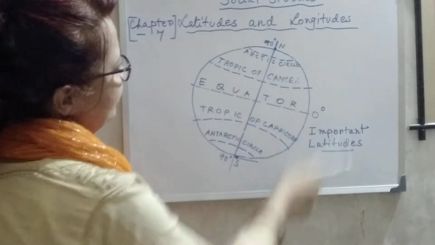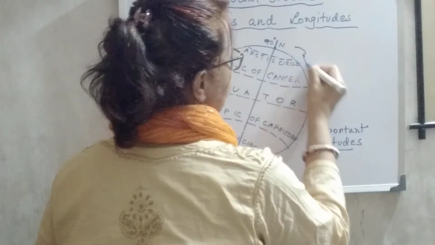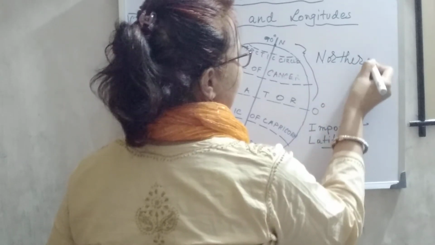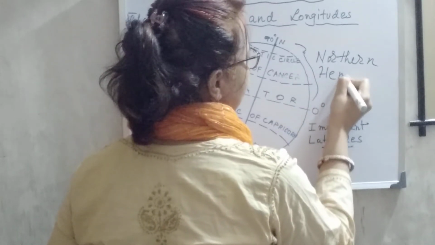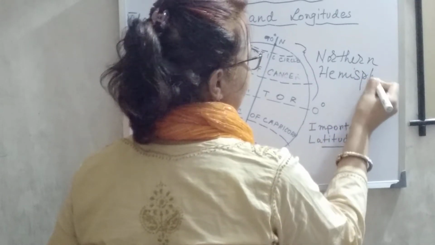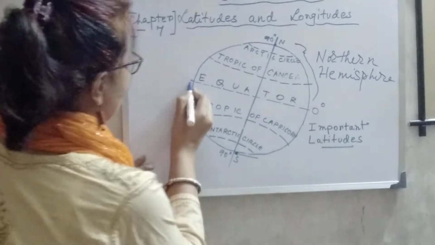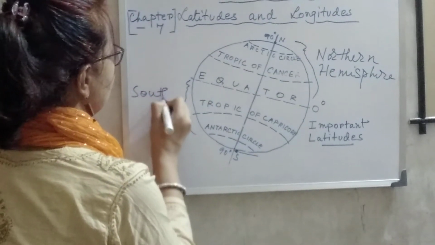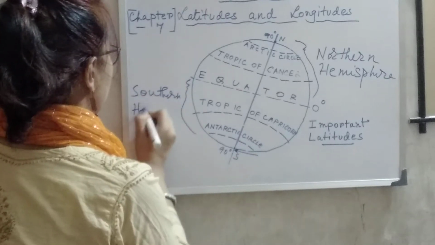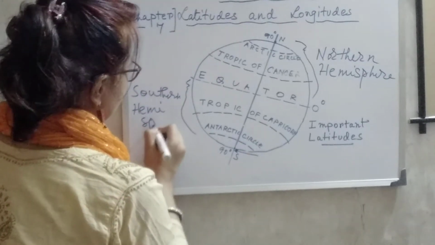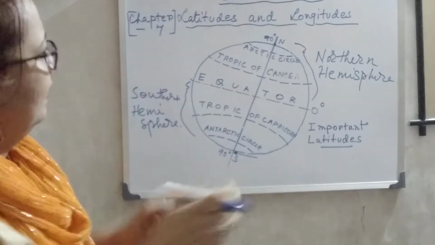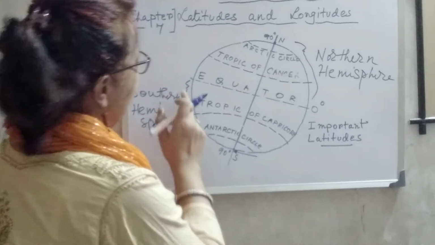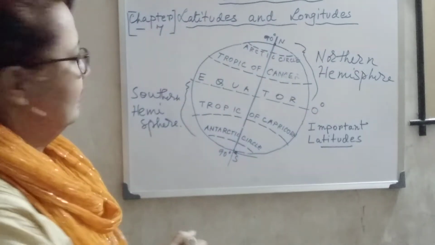The upper part of the equator is known as the northern hemisphere, and the lower part of the equator is known as the southern hemisphere.